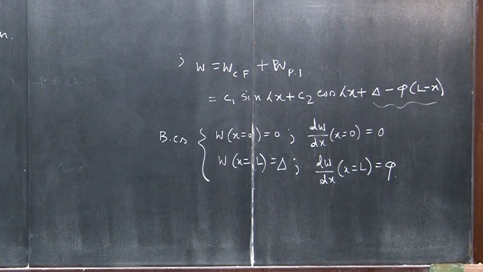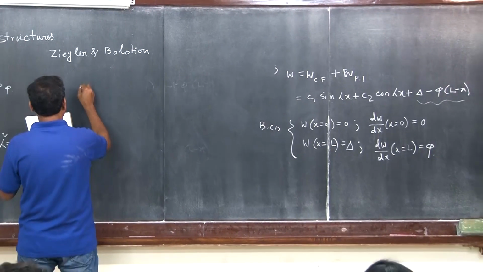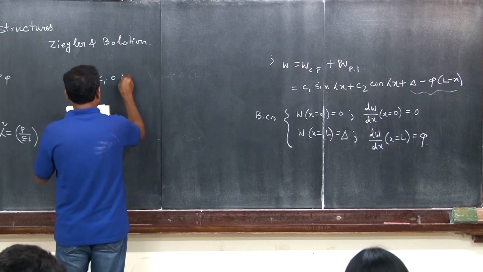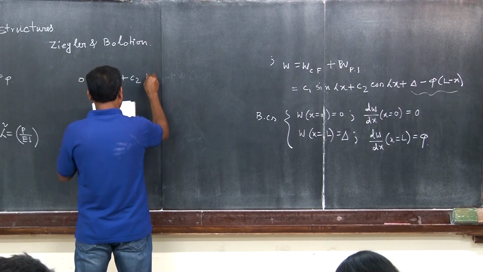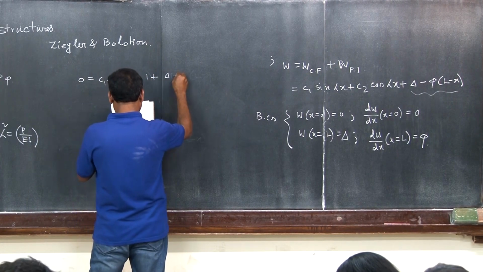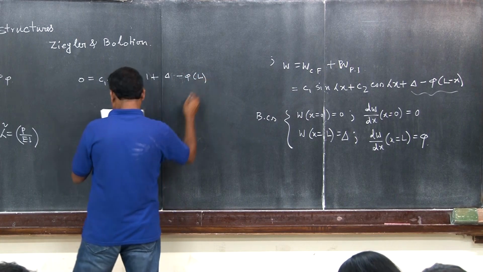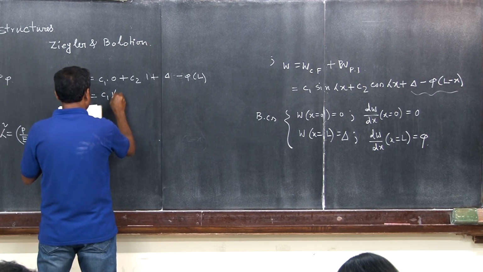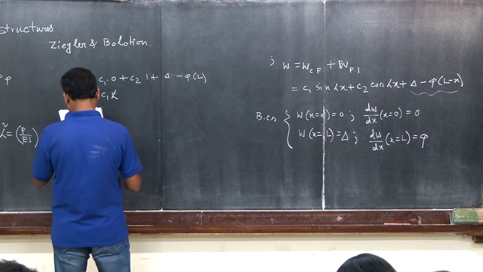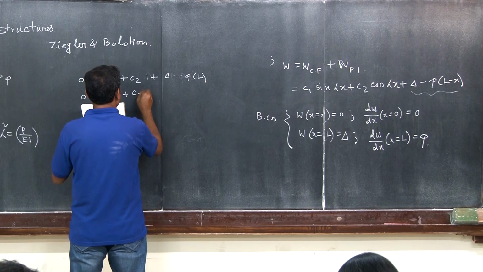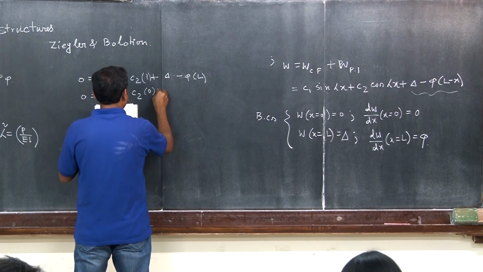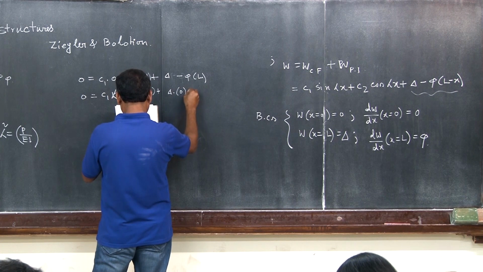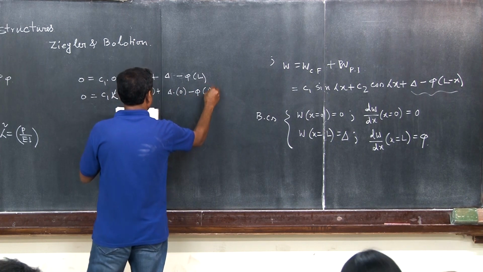So the first condition, if we enforce x equal to 0: 0 is equal to C1 into 0 plus C2 into 1 plus delta minus V into L. Then 0 is equal to C1 lambda plus C2 into 0 plus delta into 0 minus P, this is 1.